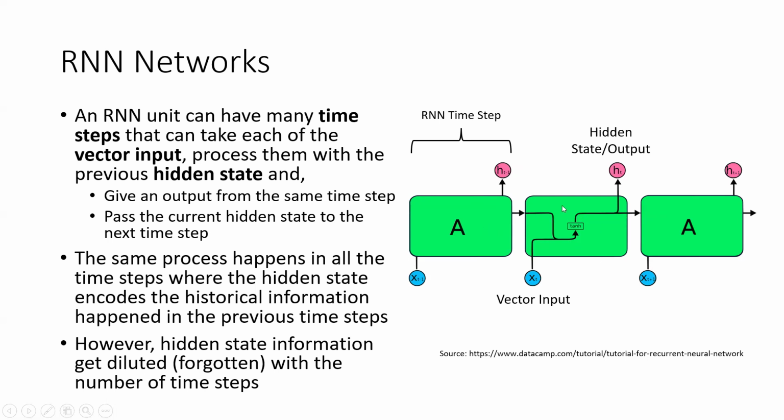So in each time step, these hidden values get updated. Then the old values will get forgotten step by step, right? So that is one of the main problems with this RNN. We will discuss how they are handled and what we are going to do about it.